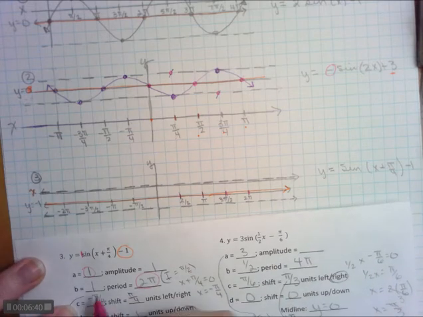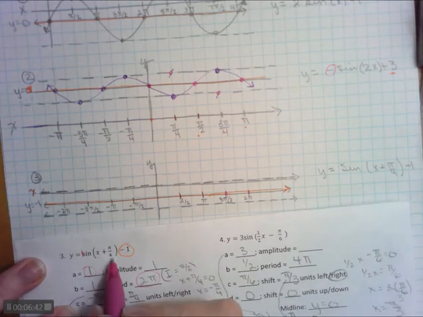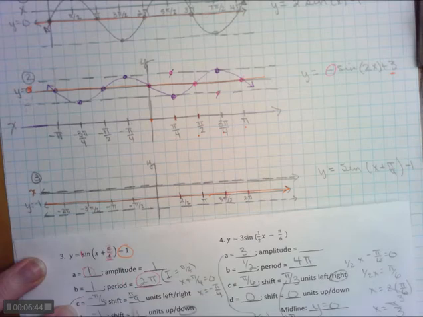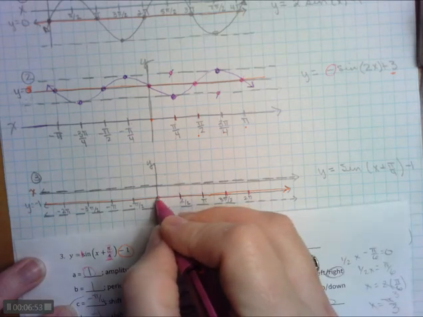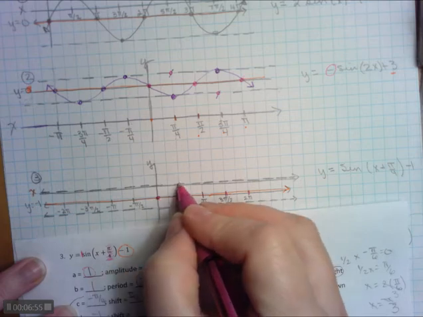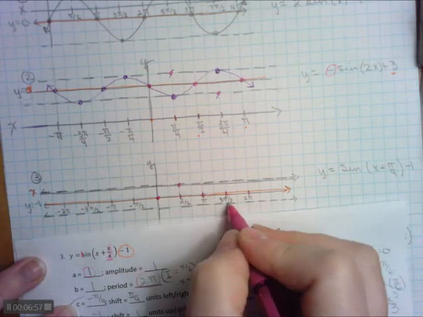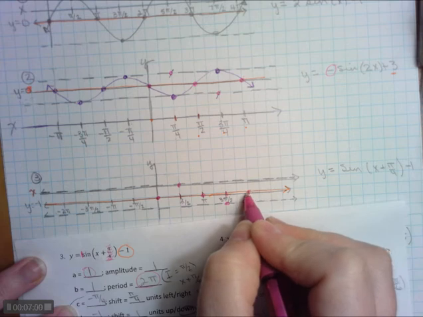Now this one has a really weird shift in here. So what I'm going to do on this one is I'm going to pretend the shift is not there for a minute. It is a positive sine, so it would look like this. It would start here, go up, back to the midline, go down, back to the midline.